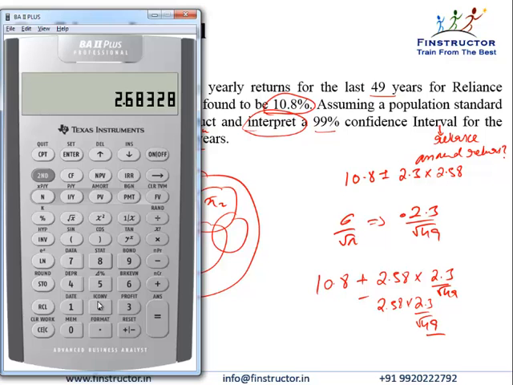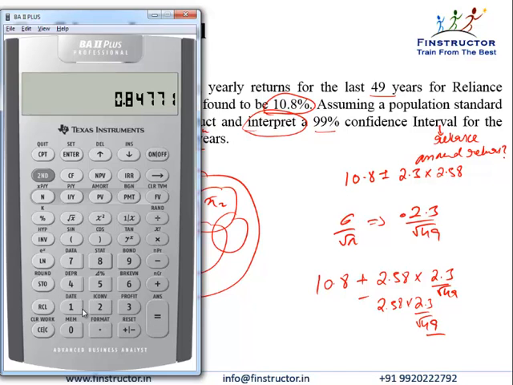So let's calculate. 2.3 divided by 7 multiplied by 2.58.